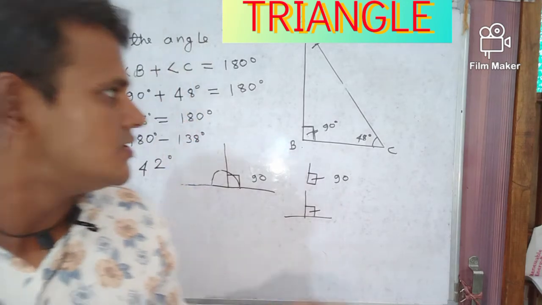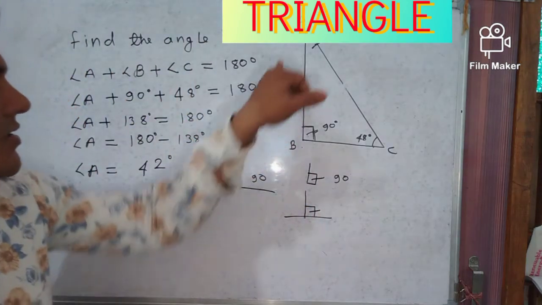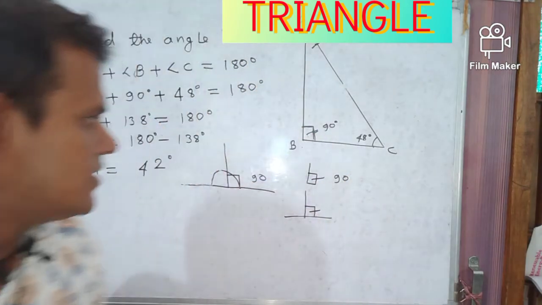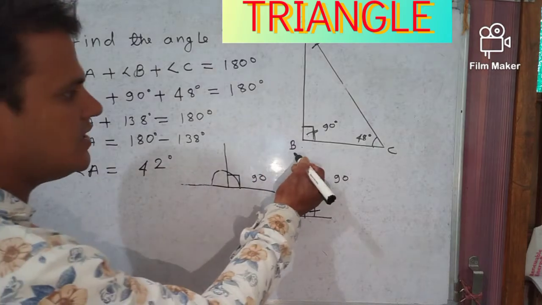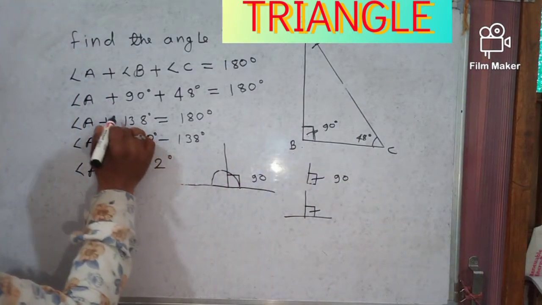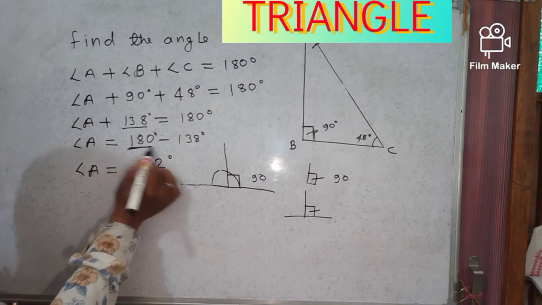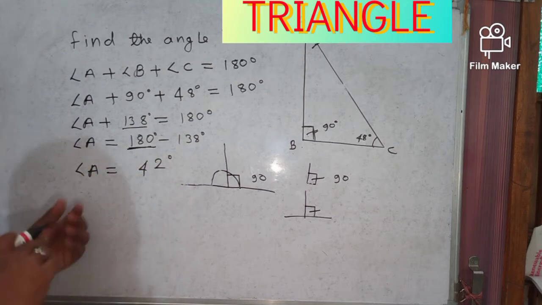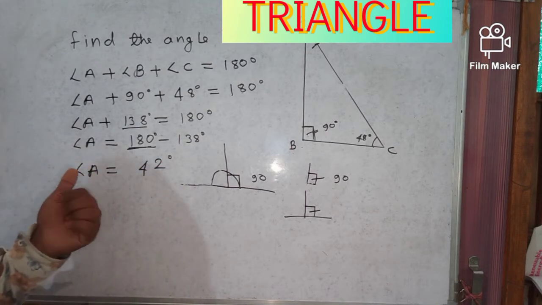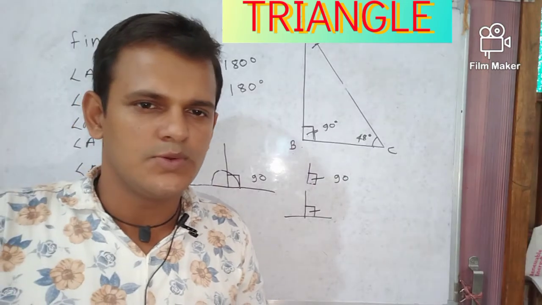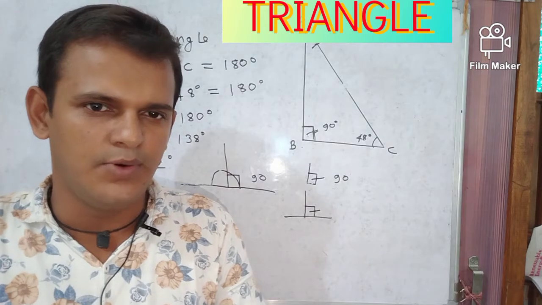Okay, so if we add A, B plus C, it will be 180 degree. Now see here, B and C is equal to 138 degree. So subtract it from 180 degree, so angle A is equal to 42 degree, right? So move to question number 4.